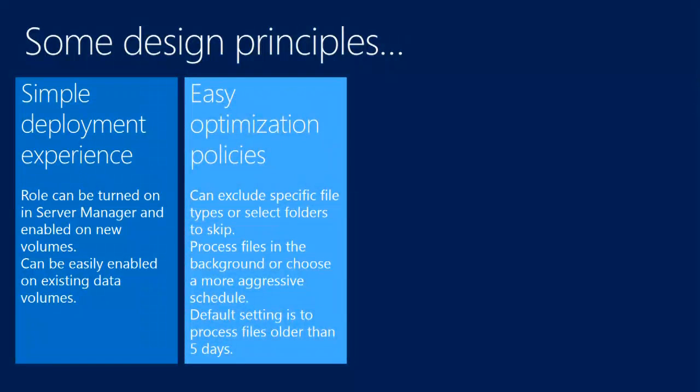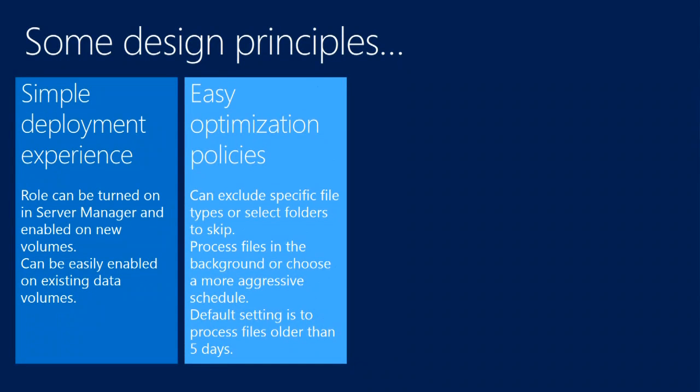There's some policies that you might want to apply, so we wanted to make those easy. I call them a couple of knobs that you can turn. One of the knobs that you can turn, for instance, is you might decide that certain file types you don't want to deduplicate. So you could say a particular file extension, or a particular folder that you might want to exclude from deduplication.